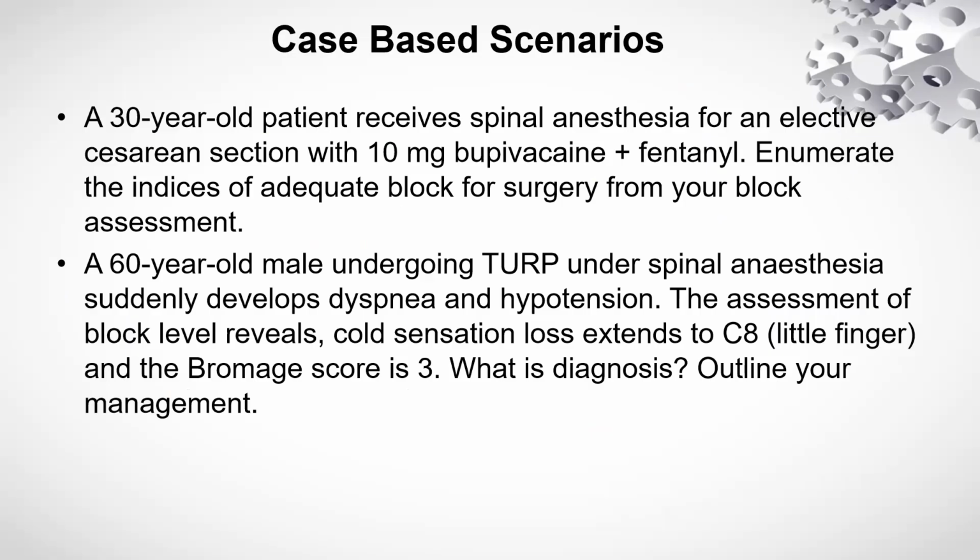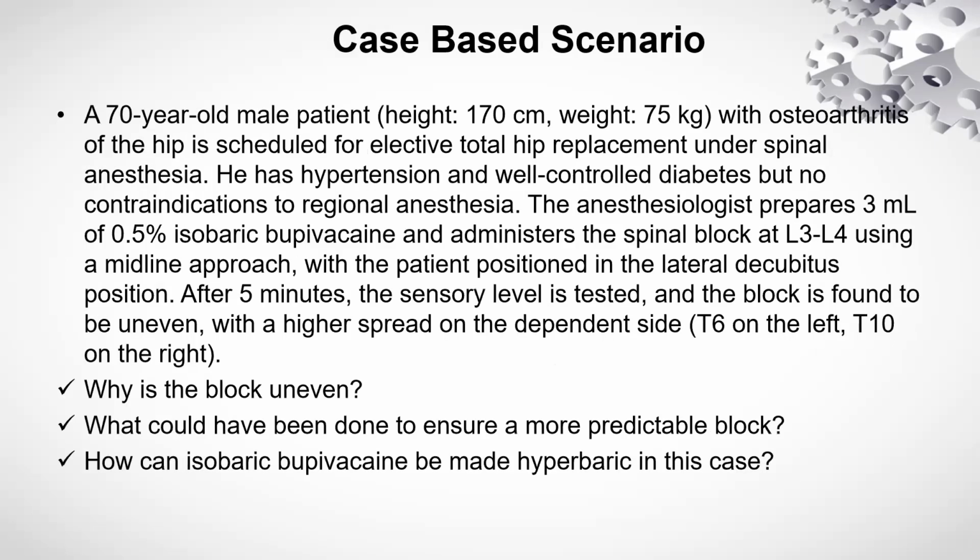The second one is a 60-year-old male patient undergoing transurethral resection of the prostate under spinal anesthesia, who suddenly develops dyspnea and hypotension. The assessment of block level reveals loss of sensation extends to C8, and the Bromage score is 3. So what is your diagnosis, and how will you manage this patient? These are for your consumption.